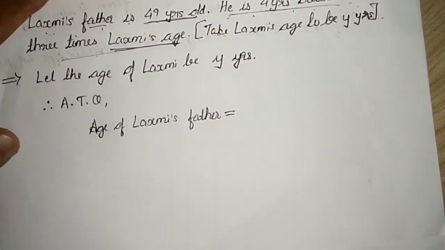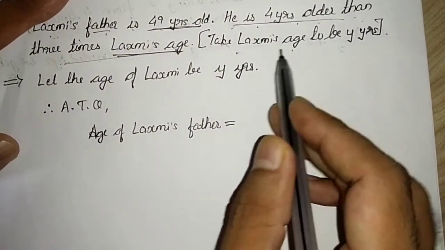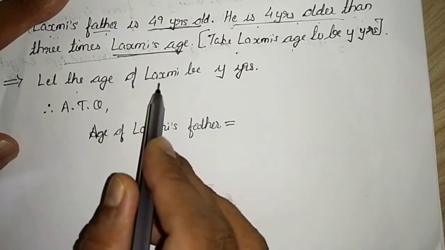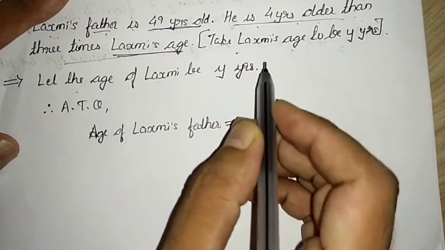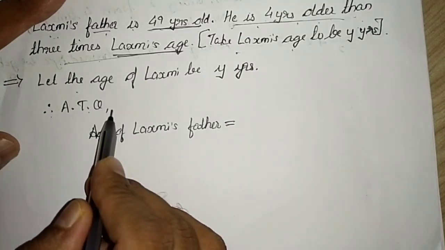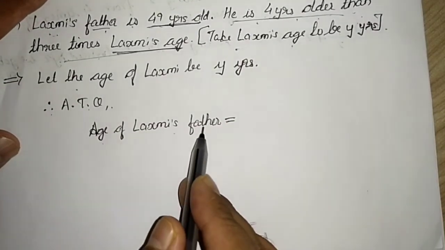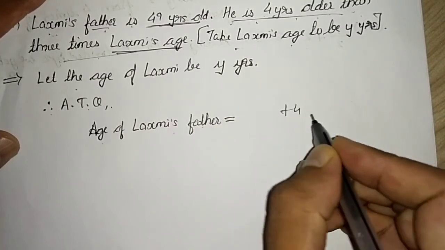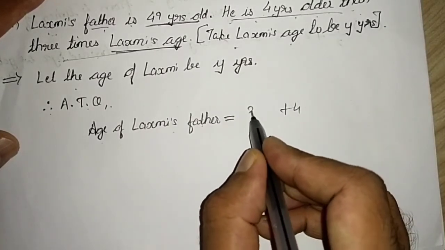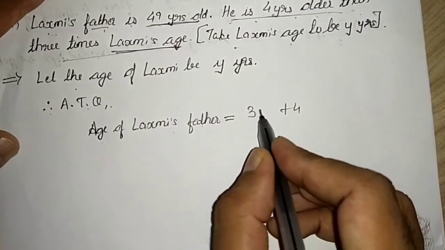As they have given us the hint, I will write it like that. Let the age of Lakshmi be y years. Therefore, according to the question, the age of Lakshmi's father is 4 years older than 3 times Lakshmi's age, and Lakshmi is y.